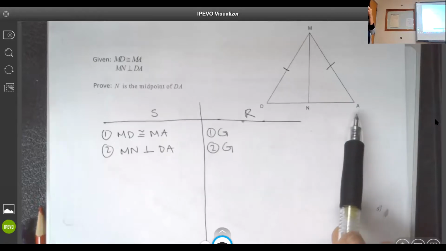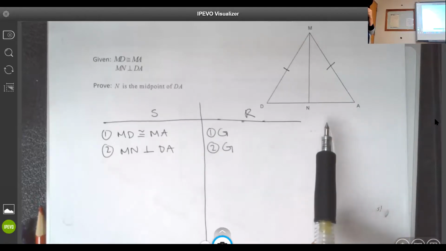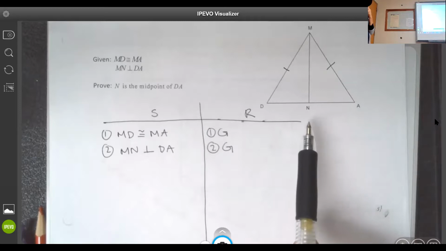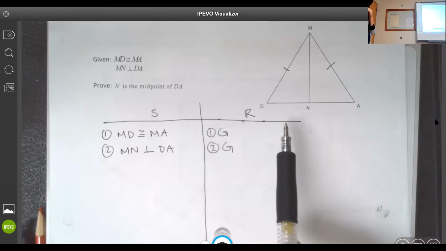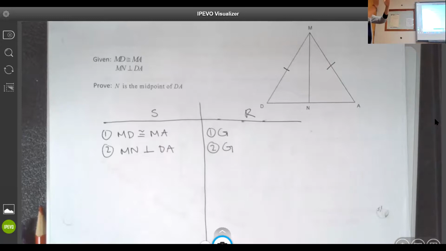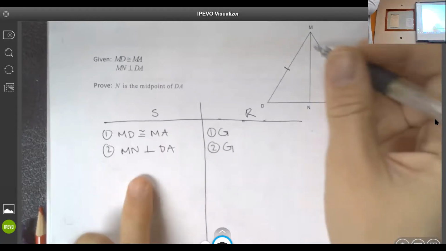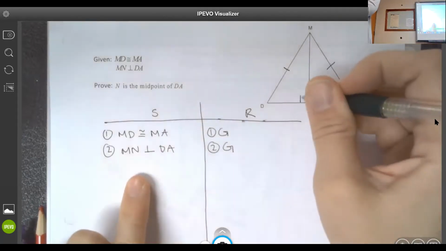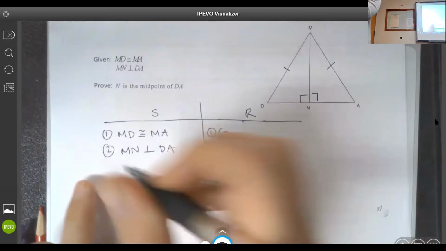MN is perpendicular to DA. What does perpendicular mean? It's creating a what? Not parallel, but perpendicular. They're meeting at a 90-degree angle. So knowing that this is perpendicular to that tells me that these angles are right angles.